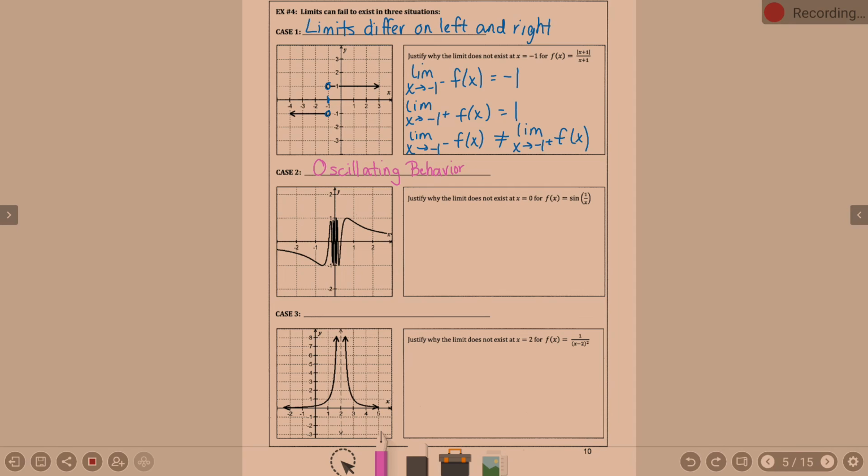Can I use yours to move really fast? Yeah. So there's an equation there. If you wanted to graph that, you're going to want to zoom in. What is it? Sine of 1 over x.